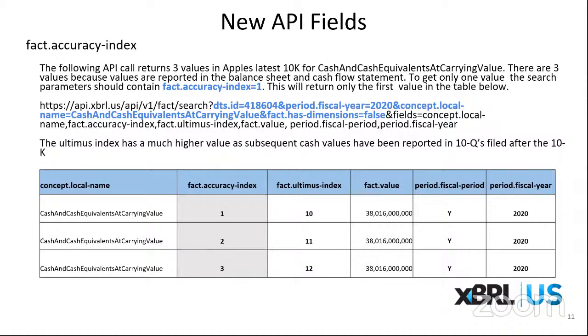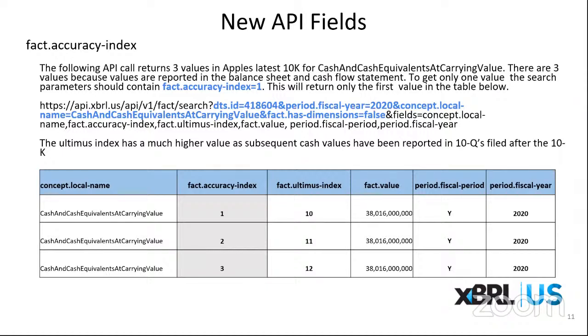So on every one of these facts, we have this fact accuracy index, and you can see it's got 1, 2, 3 on it. What this means is, if you put the fact accuracy index of 1, you're only going to get the single row back. You won't get all 3, because you don't want them. They're kind of useless, and you don't want to have to go through and remove the duplicates. It's just a pain to do that in Excel or whatever application you're using.